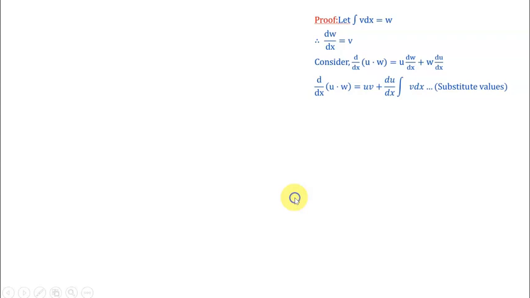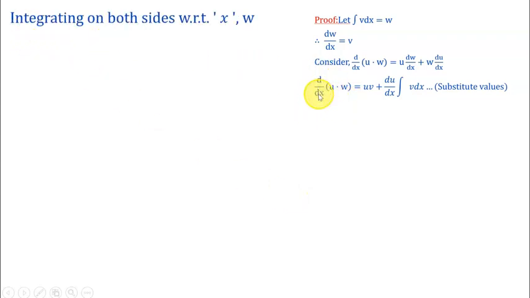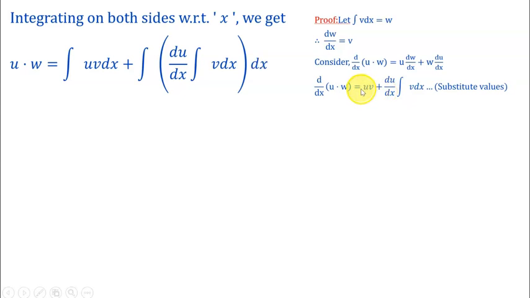Integrating on both sides, what will you get here? Integrating on both sides, the derivative and integration will get cancelled. You will get u dot w, and integral of this and integral of this, that is integral of uv dx plus integral of this whole term. Therefore, we take a bracket: integral of, in bracket, du by dx into integral of v dx, bracket complete, into dx.